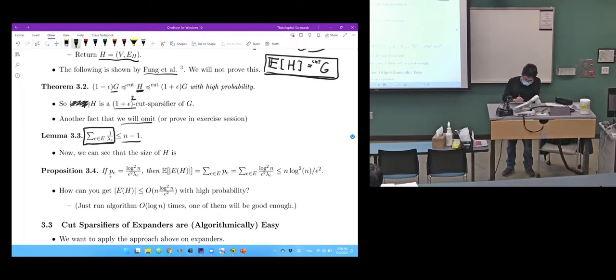If we really set p_e to be something like 1 over lambda, then what is the number of edges in H? It's just the sum over p_e, which is this thing. But the sum of 1 over lambda is n. So this is going to be linear.